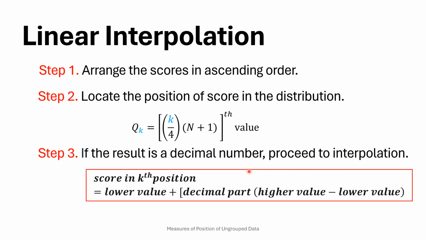Use this formula in using linear interpolation. That is, the score in the kth position equals the lower value plus the decimal part times the higher value minus the lower value. Let's proceed to this example.